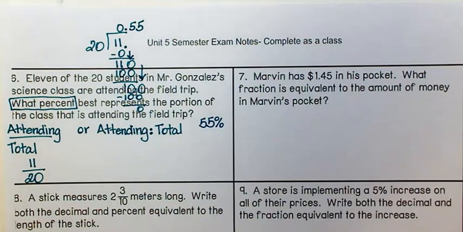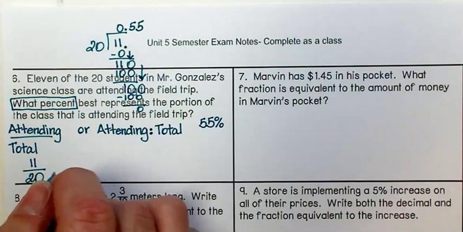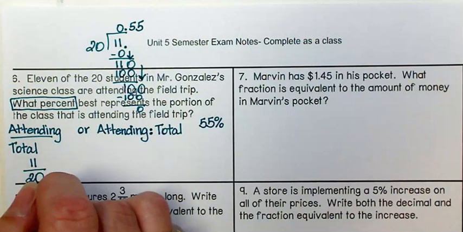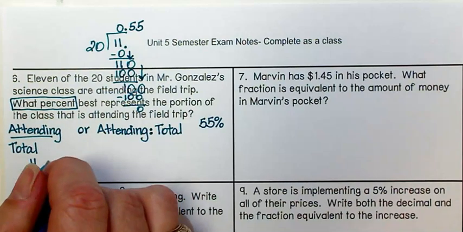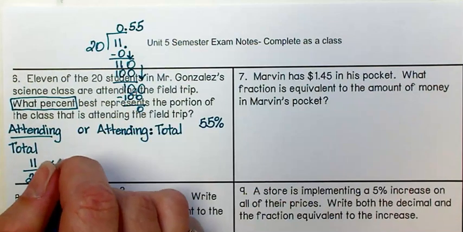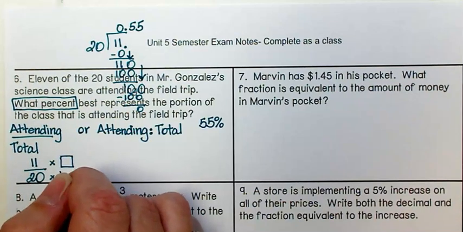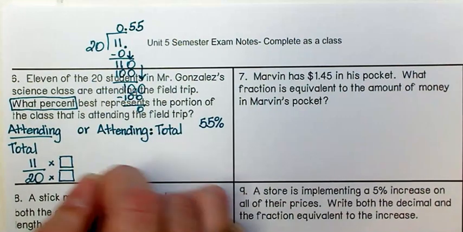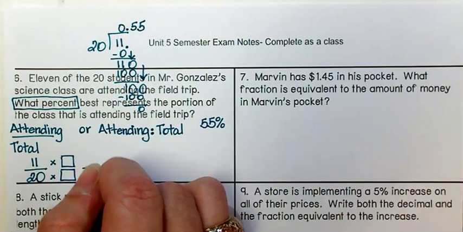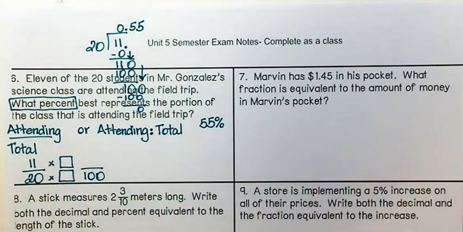Now, if you're not fond of that way of doing it, then maybe you can look at this and go, hey, I have 11 over 20. What can I multiply both of them by to get my fraction to look like the percent fraction, because it needs to be over 100?